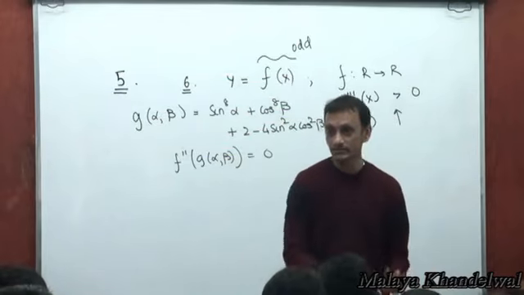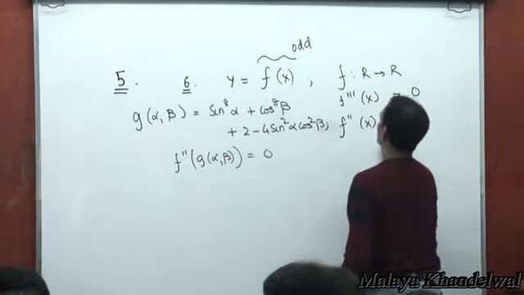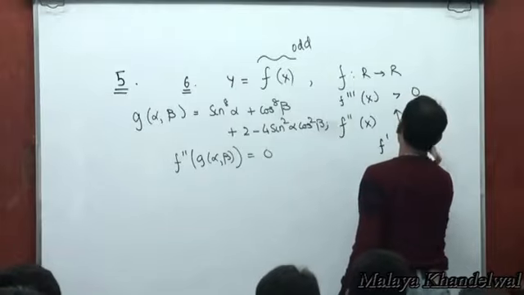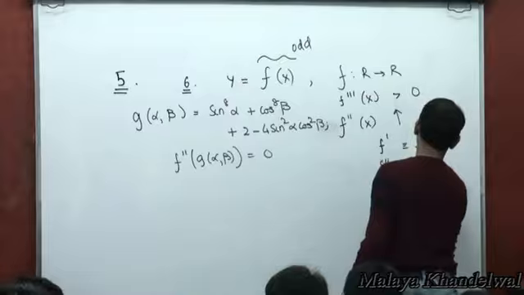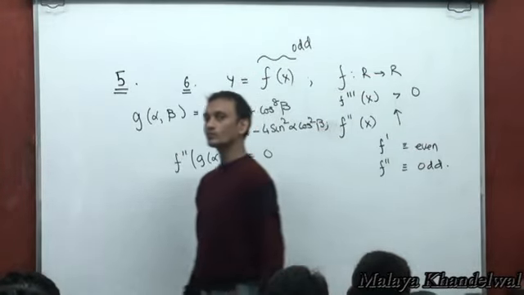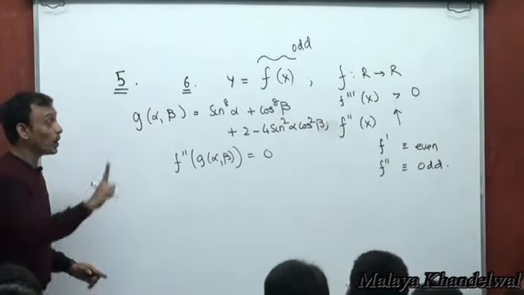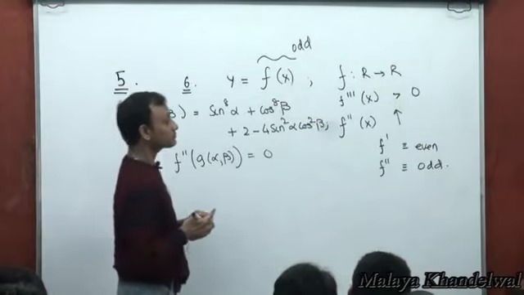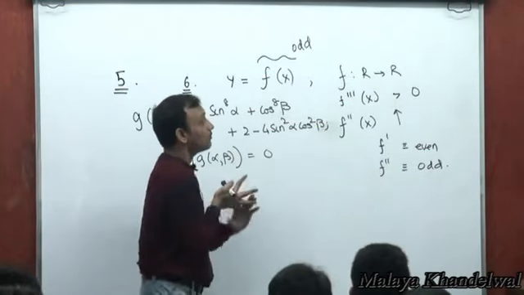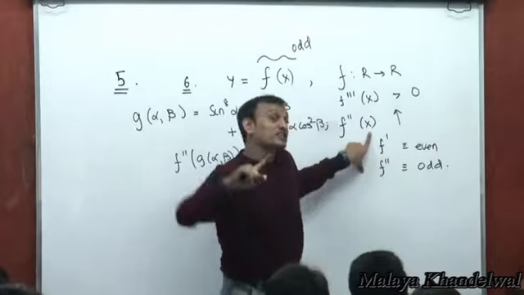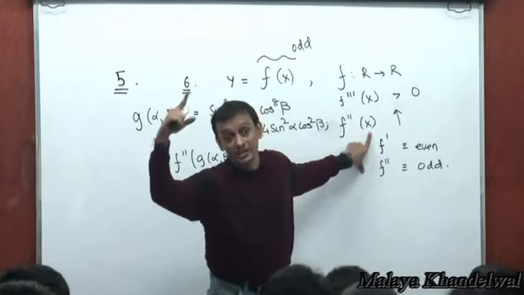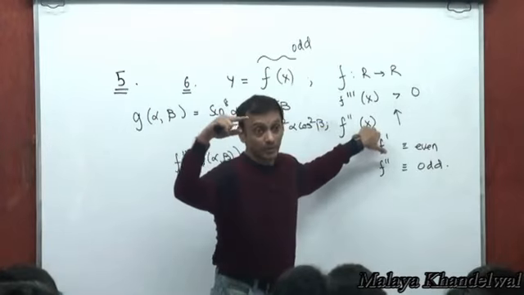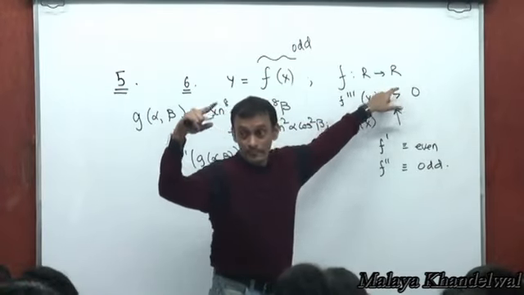So f dash will be even, f double dash would be odd. Now, not just that. F double dash x is an increasing function and it's odd.